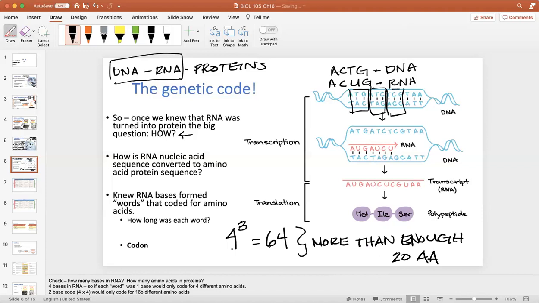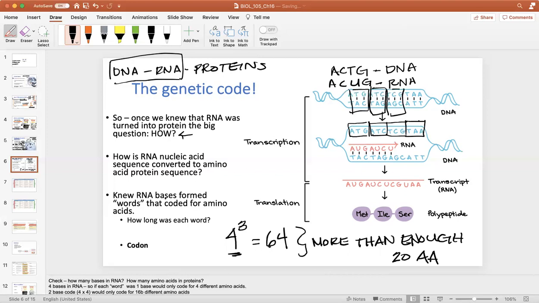So Francis Crick proposed that the genetic code must consist of every 3 bases corresponding to an individual amino acid. I'm not going to make you memorize experiments in this chapter, but do know that this was verified experimentally, and we've actually broken these codes.